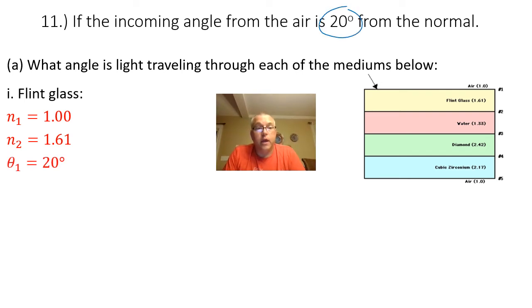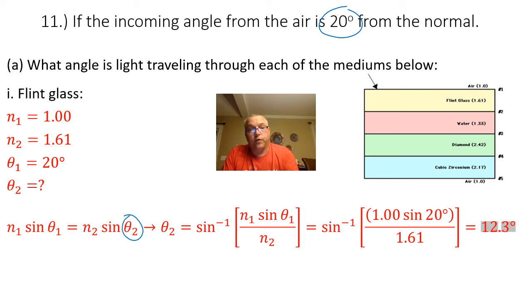And I'm looking for my angle of refraction. So we are starting with Snell's law, solving for theta 2. And that will give me theta 2 equals the inverse sine of n1 times sine theta 1 divided by n2. Plugging my known values into that equation will give me an angle of refraction into the flint glass of 12.3 degrees.